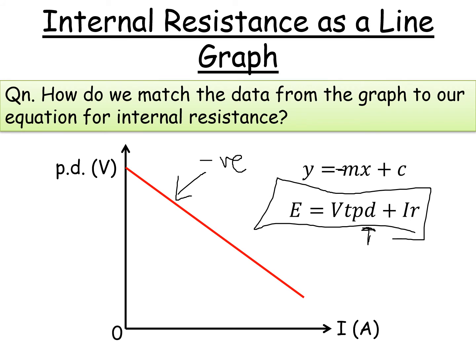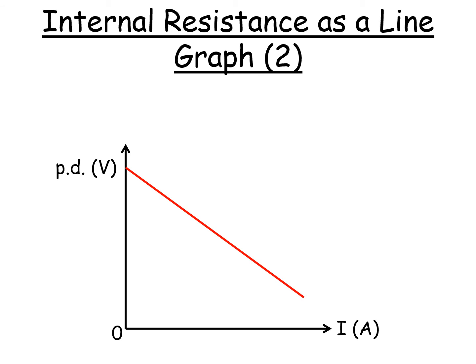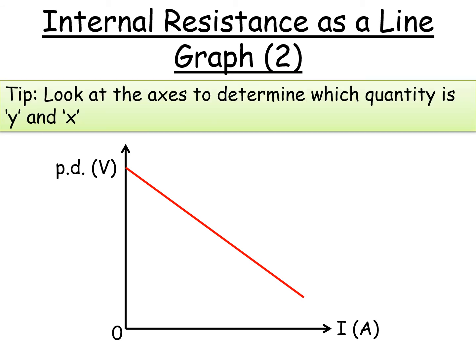Okay, so how do we match the data from the graph to our equation for internal resistance? That's where the physics takes place. So here's my top tip for you folks, okay? Look at the axes to determine which quantity is y and which quantity is x. So here are my two equations here.